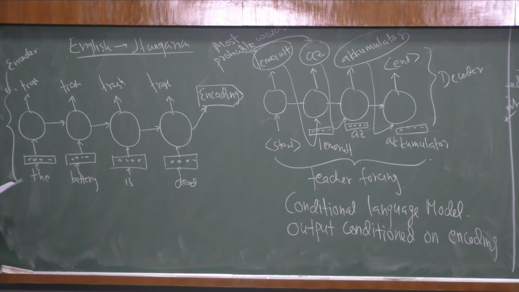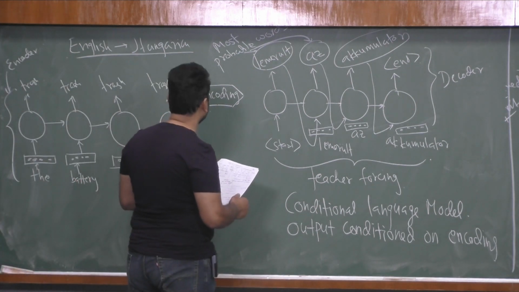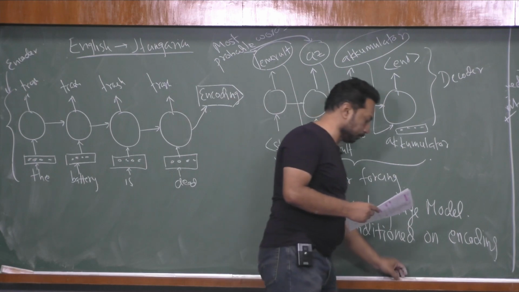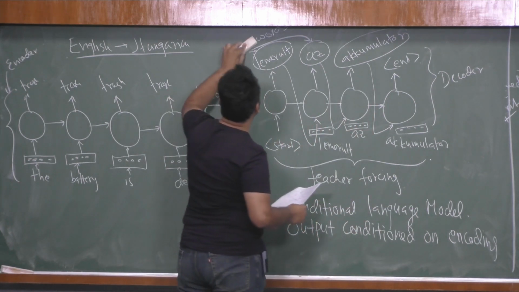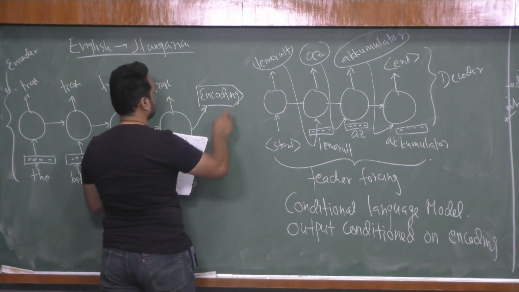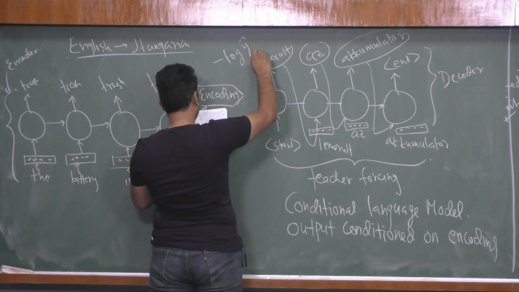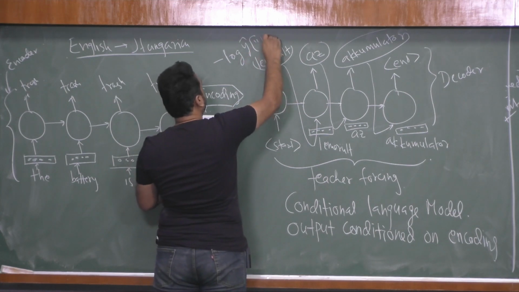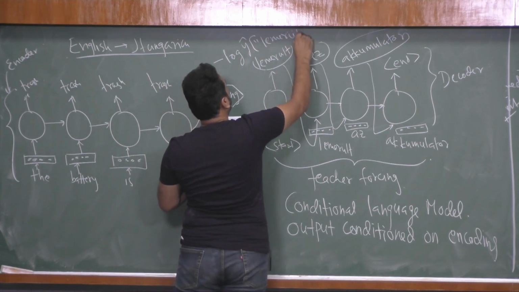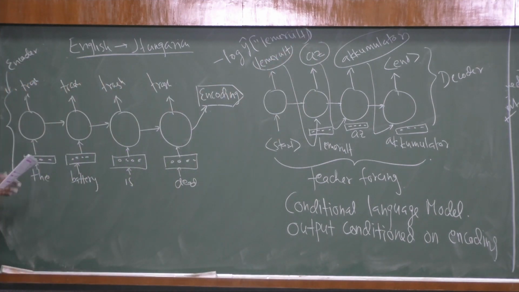So for instance, we can define the log likelihood, I mean the log probabilities basically. So these may be defined as, let us say, minus log of y hat, which is the output here of this word. Okay, so I hope you can see this. So this is the probability that this word will be predicted.